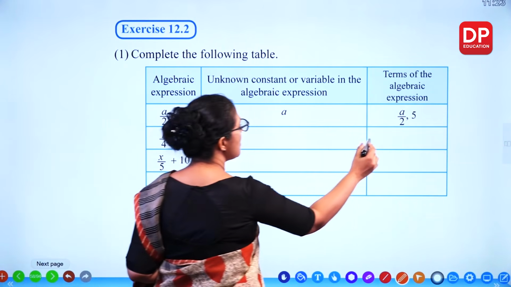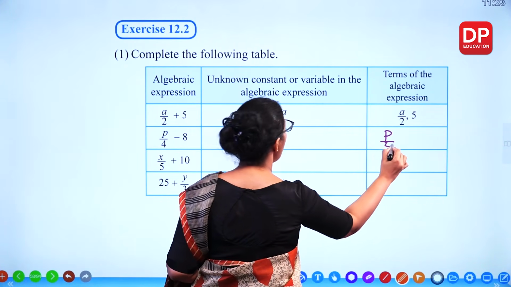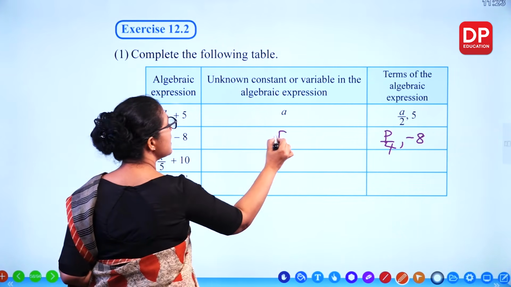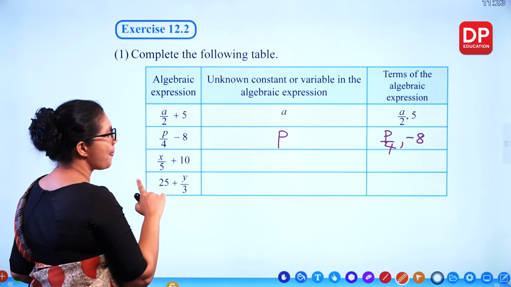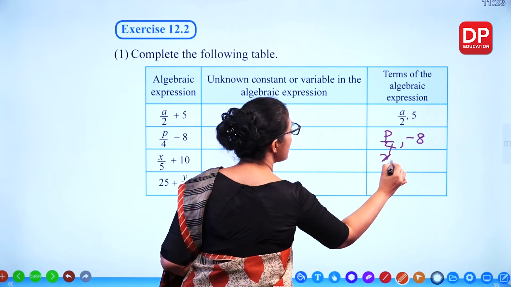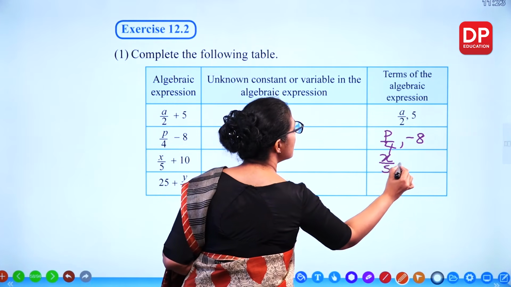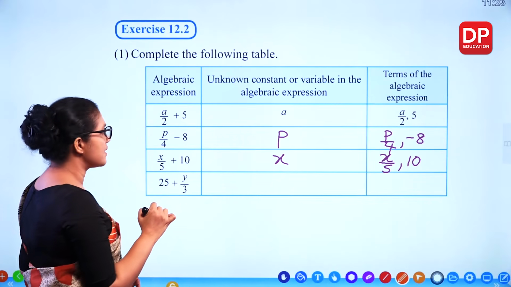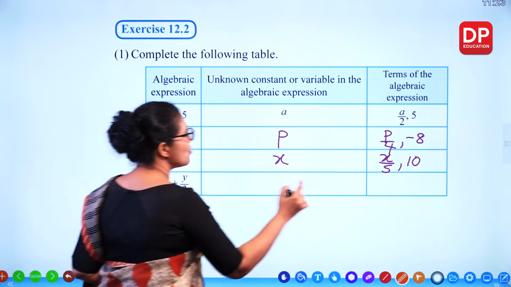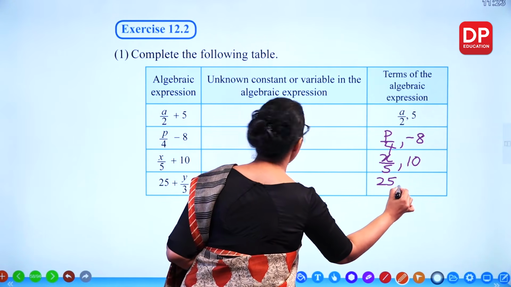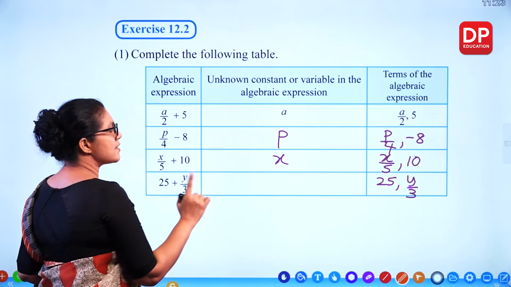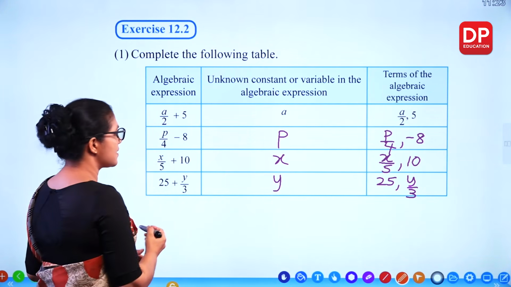Here 2 terms are there, p over 4 and minus 8. The unknown letter here is p. In this expression you get x over 5 and 10. X is the unknown letter. Here also you get 2 terms, 25 and y over 3. The unknown letter is y.